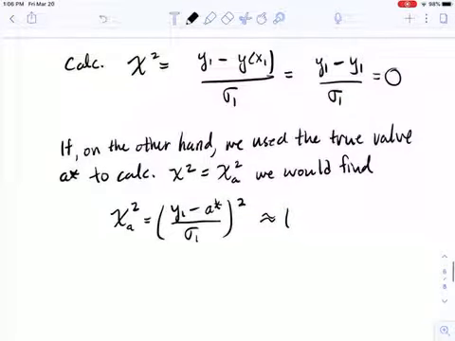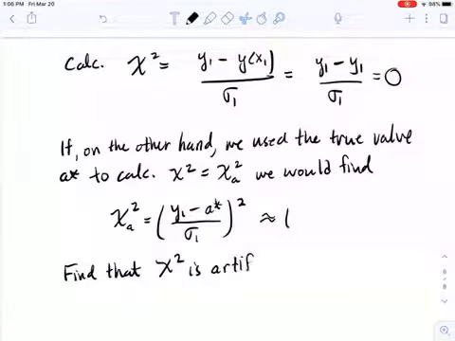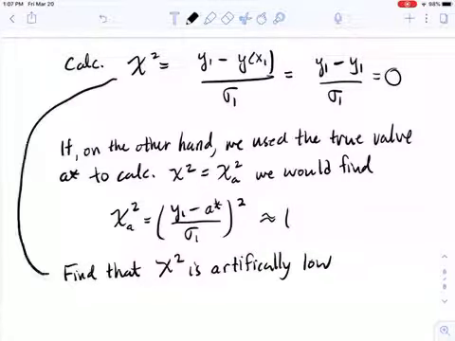So what we find then is that chi-squared is artificially low when we calculate it using the experimental data and the value of our model, which is based on the experimental data.